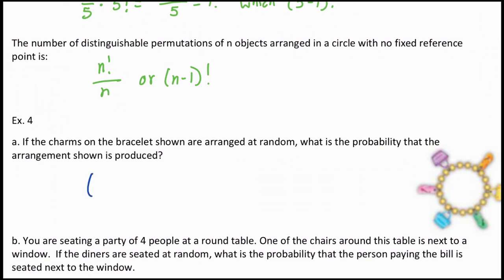What would I need to do? 6 minus 1 factorial, which is 5 factorial. 5 times 4 times 3 times 2 times 1 is 120. But it asked the probability. So what's the probability of this specific one? 1 over 120.